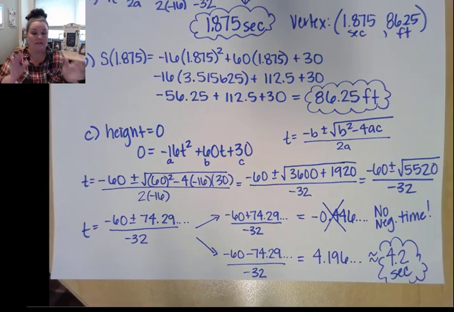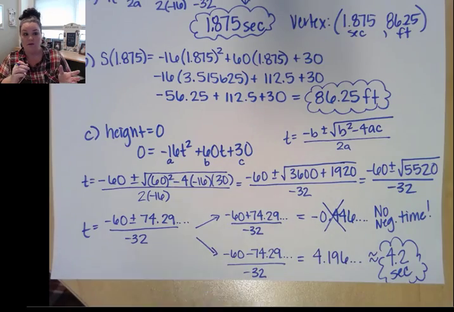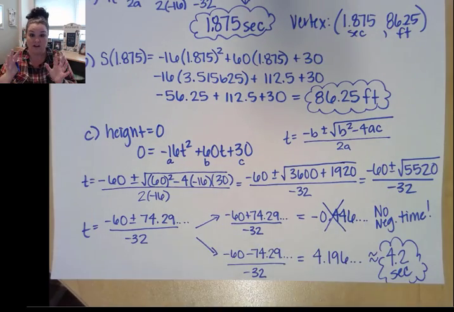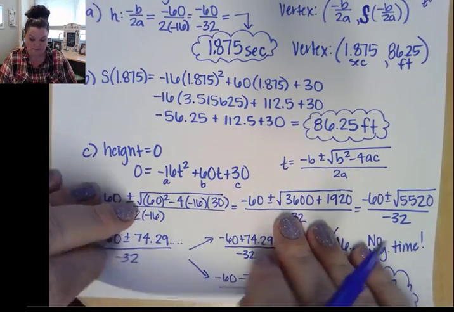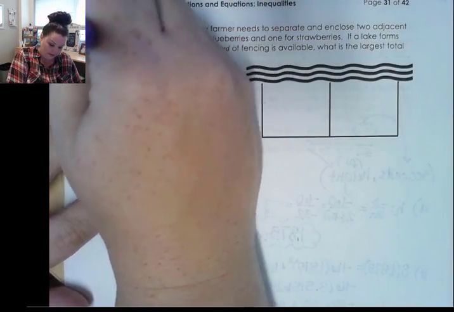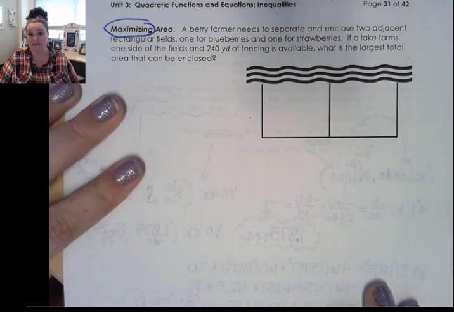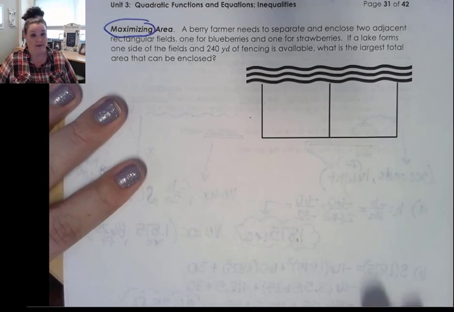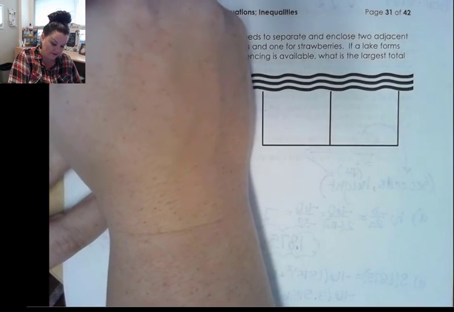Okay. Let's look at another type of word problem where we can use either setting it equal to 0 or finding the vertex in order to simplify it. Okay, so let's look at this page and we're going to talk about maximizing area. Now again, anytime you see this word maximize or maximizing or minimizing or minimize, you should be thinking vertex.